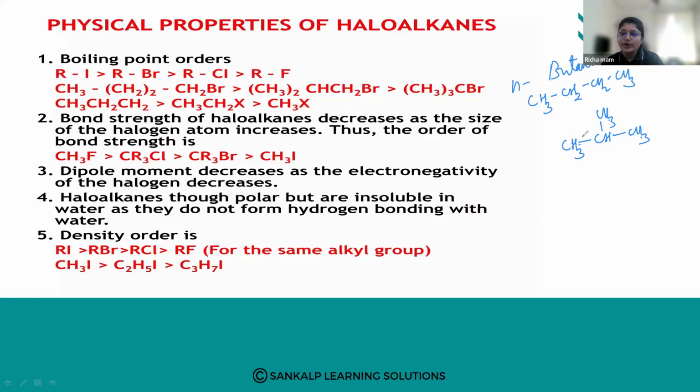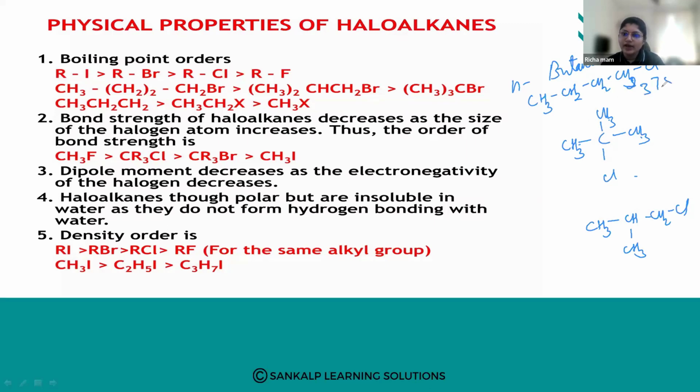Now when you're comparing these, there will be substitution of halogens also. Here will be Cl. Then if I take one more, that is CH3, CH, CH3, CH2 and Cl. So what will happen here as compared to the others, as compared to this n-alkane?